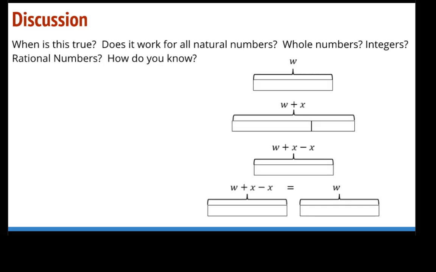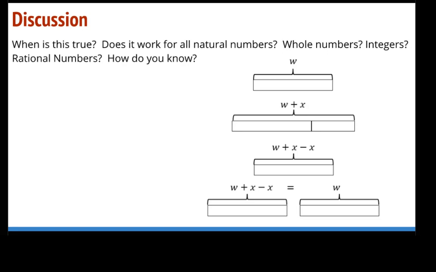So now here is kind of a deep thinking question. Looking at these identities, when does it work? Is it always true? Does it only work sometimes? Does it work for all of the natural numbers, 1, 2, 3, 4, and 5? What about the whole numbers, our natural numbers plus 0?